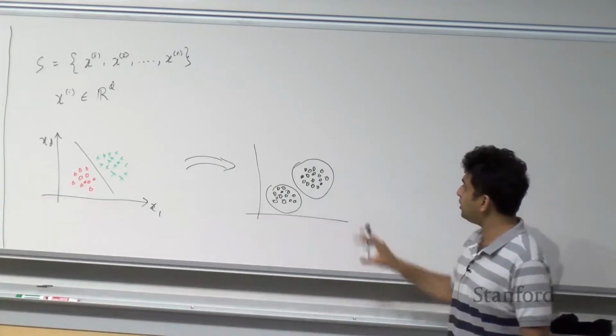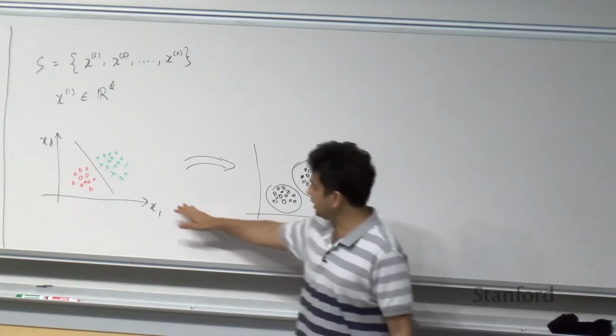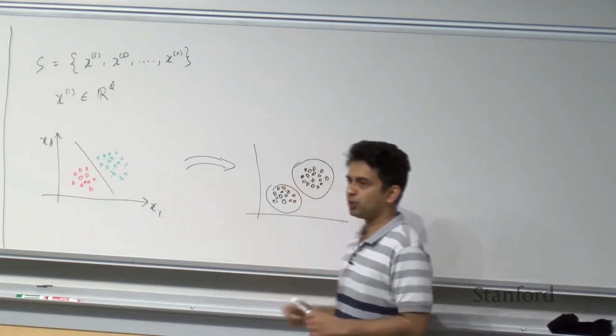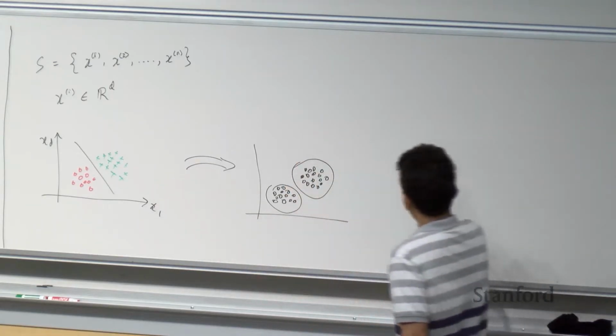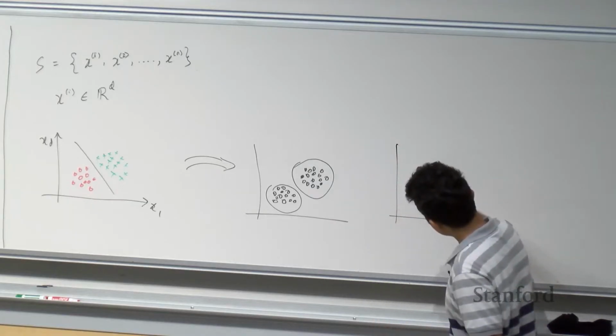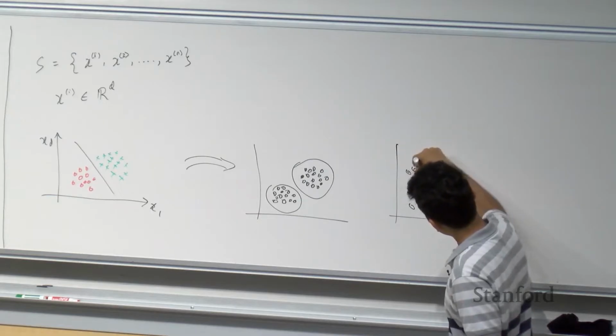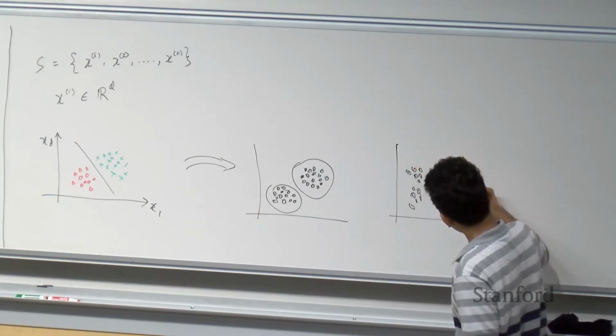However, this problem is generally not very well defined, right? In the first case, for each point we were told what the correct answer is, but consider a problem like this. Right?